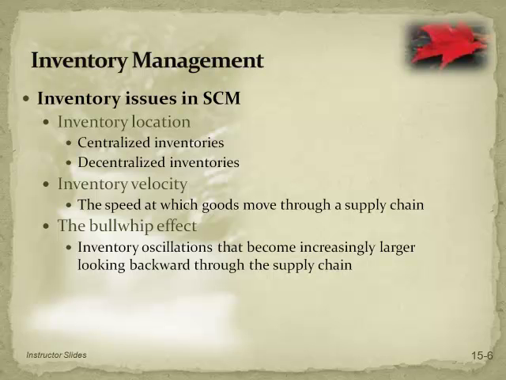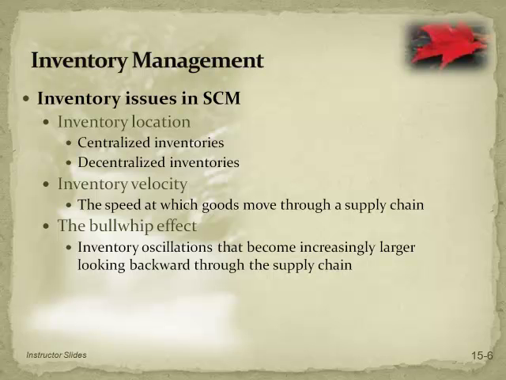So one important decision we talk about is the inventory location. Some of our choices: we could have centralized inventories versus decentralized inventories. We need to think about the speed with which the inventory moves through the supply chain.